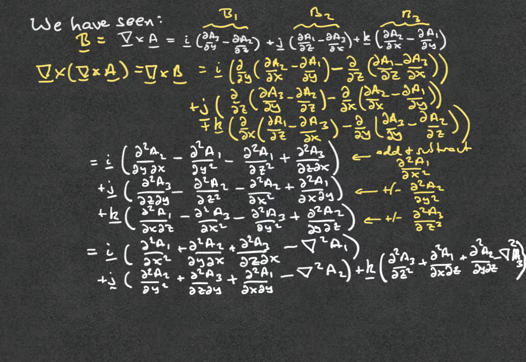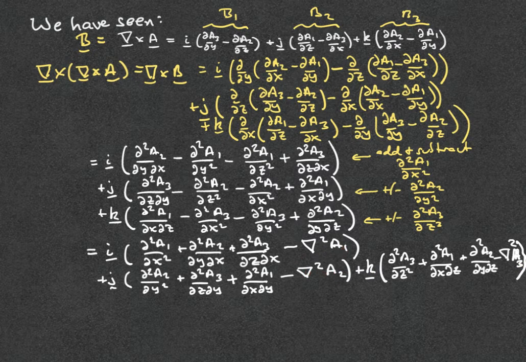So this is our result, and these three terms look very nice, and in a moment we're going to rewrite them because they're all minus the Laplacian, and it's acting upon i a1 plus j a2 plus k a3.